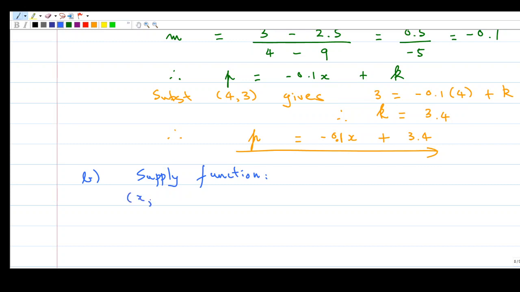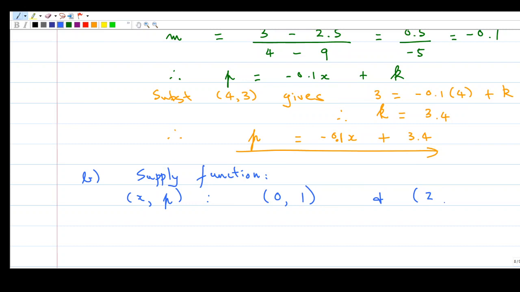the input is X and the output is P. We know that no units will be supplied when the price is $1 and even below $1. And we know that 200 units will be supplied.